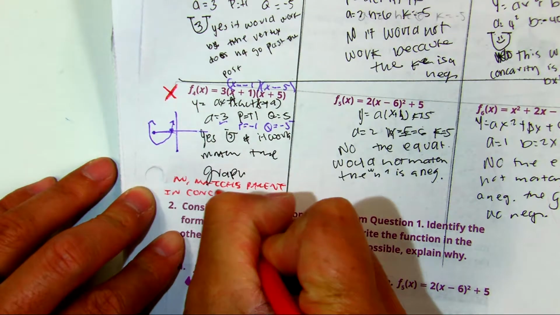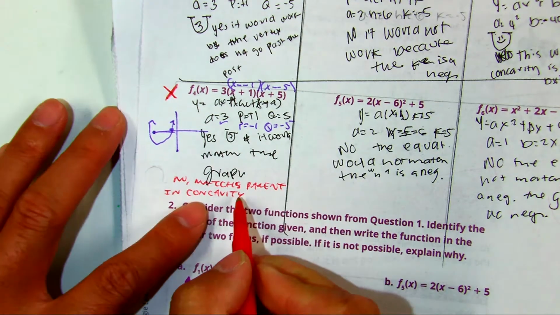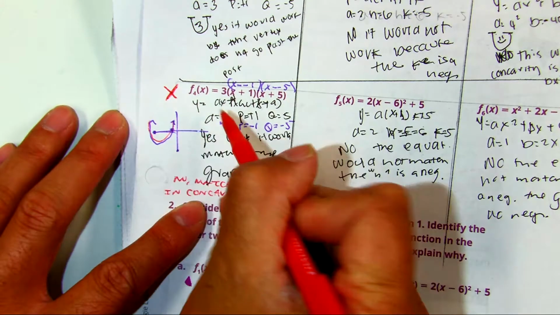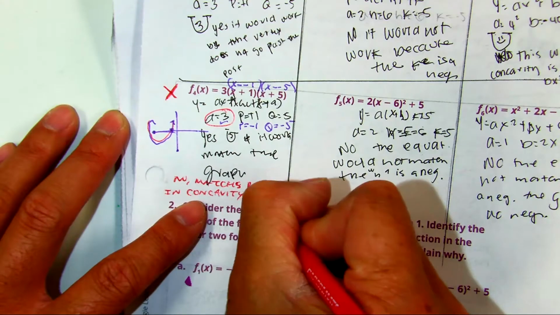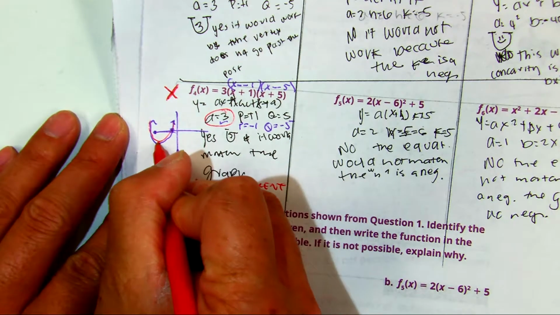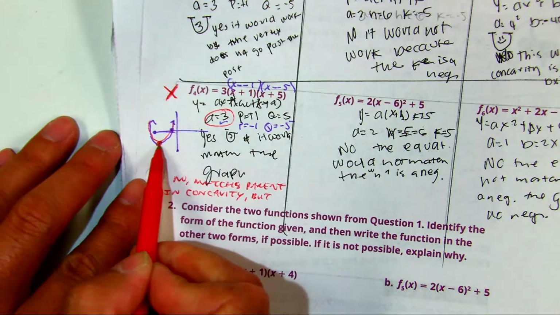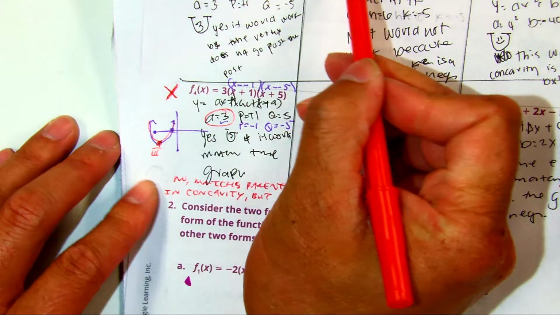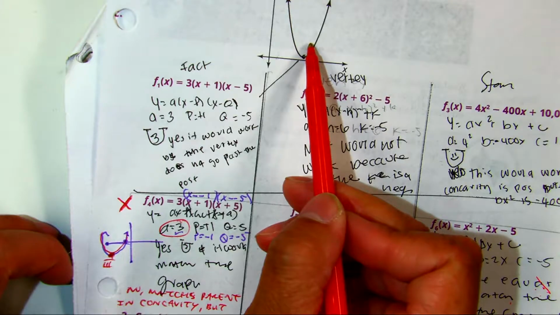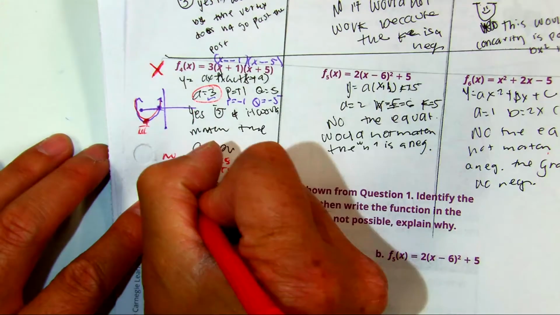Okay, this is a fancy word. Concavity basically means opens up. Okay? But you can also say the vertex. That's a good way of thinking about it. The vertex is in quadrant 3 here, and ours over here is in quadrant 1. Okay, so vertex in wrong quadrant.